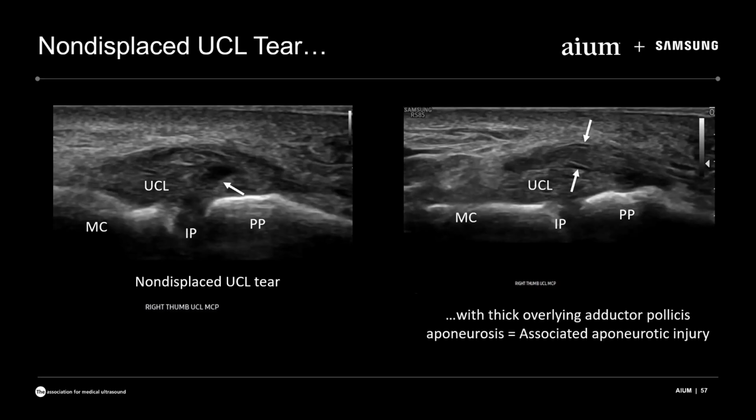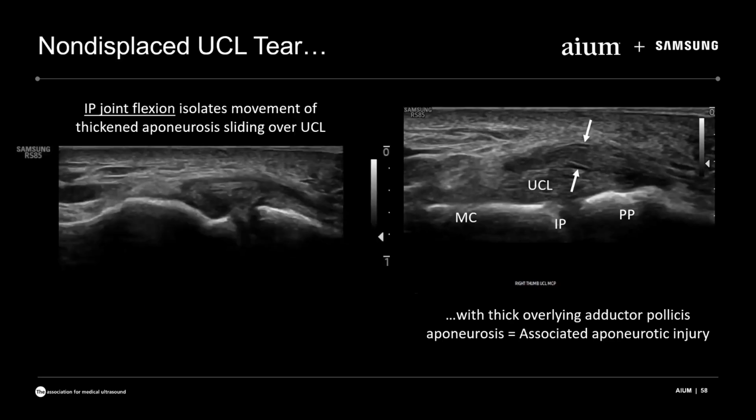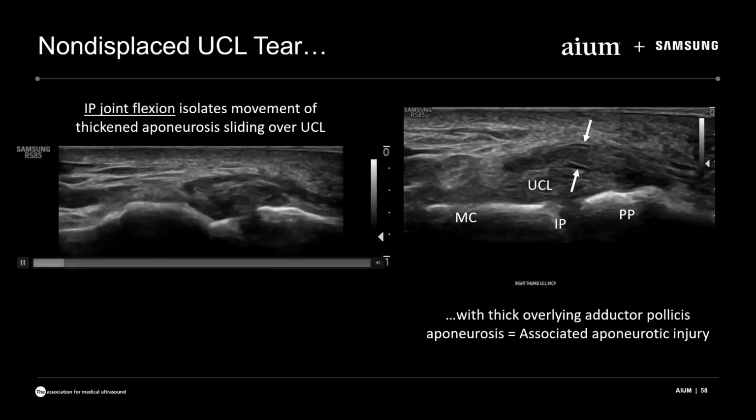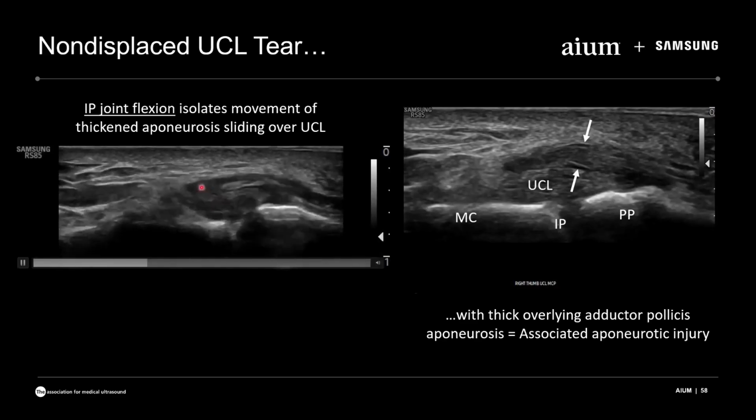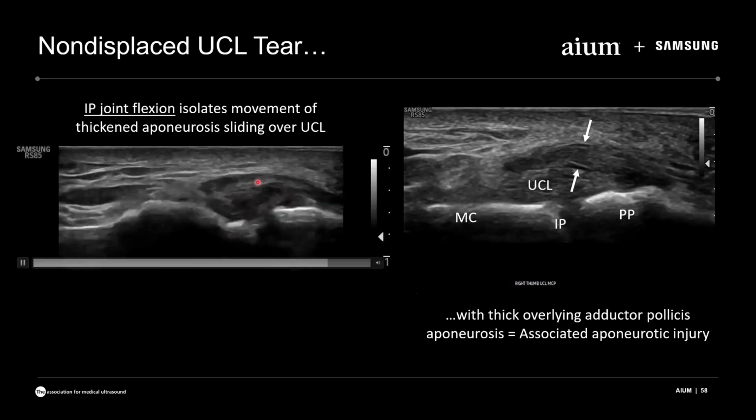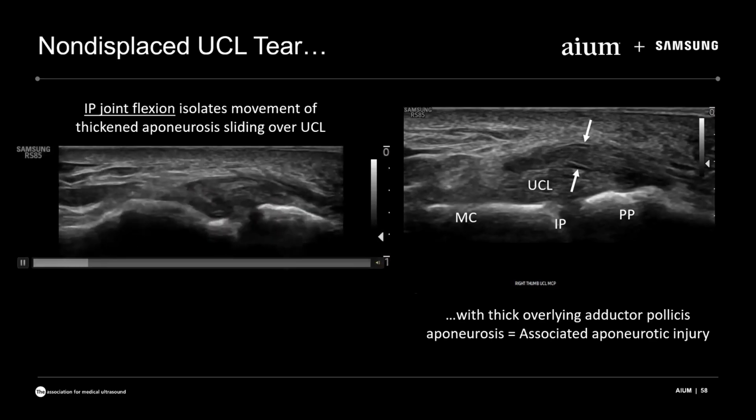Now, is this a full thickness tear? How can we evaluate that? So if, instead of applying stress to the MCP joint, we instead just flex that interphalangeal joint of the thumb by grabbing the distal phalanx and flexing it, that can isolate this adductor aponeurosis movement. And you can see how it's moving, and the fact that we have contiguous movement tells us there's no full thickness tear.